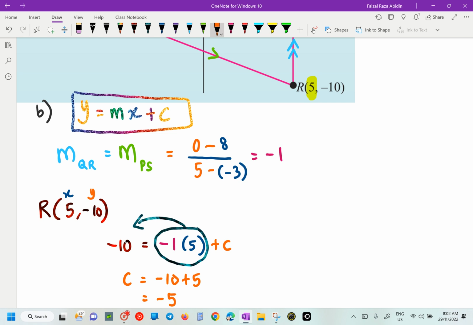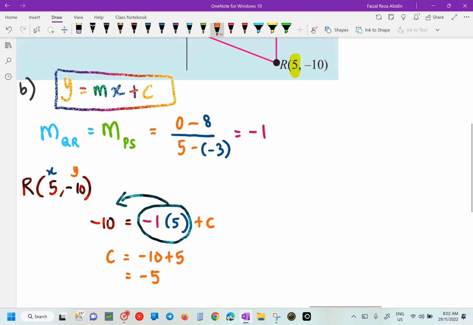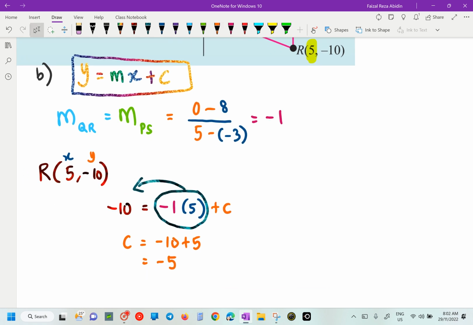So c is negative 5. After you have your gradient and your y-intercept, you substitute back into the equation of straight line, without the x and y values. So y equals our gradient, negative 1, times x, then our c, negative 5.